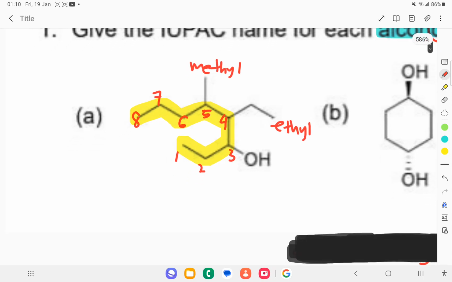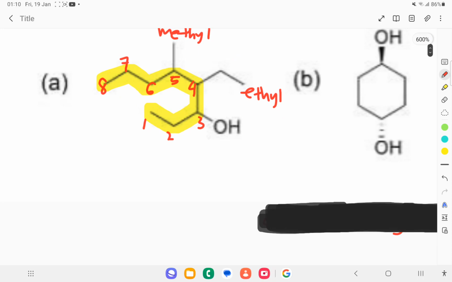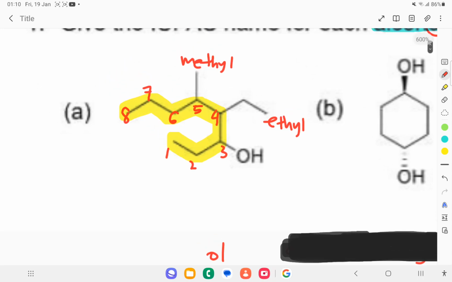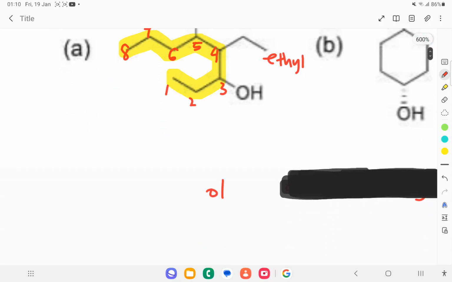And then the naming will start from the last name, or the suffix. I usually start here with -ol. So we got 8, right? 8 stands for oct, octane.